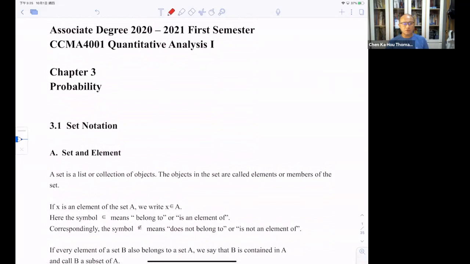Now, Chapter 3 is about probability. I believe you have already heard some of this content in secondary school.